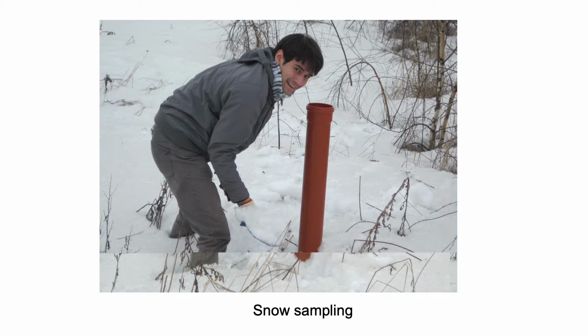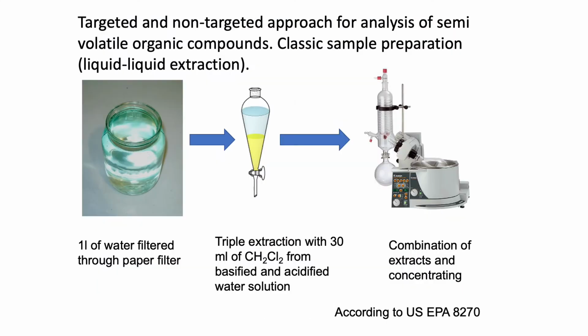With snow, you behave a bit differently. You use such kind of pipe, and it is very important to pick the snow up to the ground to be able to get really long-term contamination information. And then we used the classic US EPA 8270 method sample preparation approach with dichloromethane.